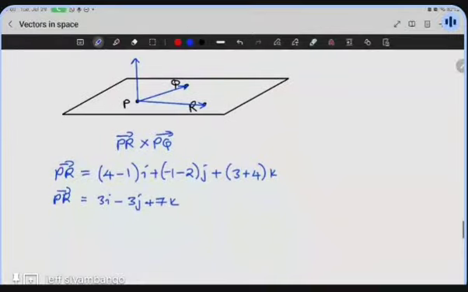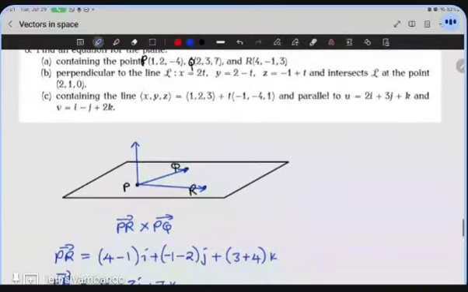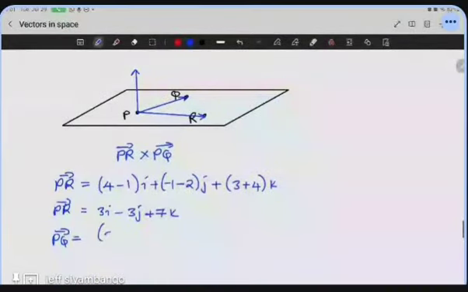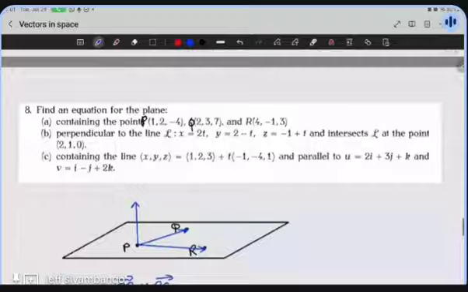In the same way, let's get PQ. Find out Q. So here I have 237. Initially that P, 1, 2 minus 4.